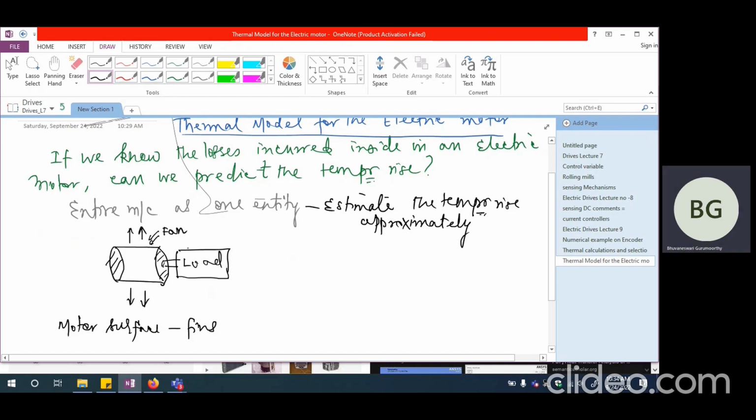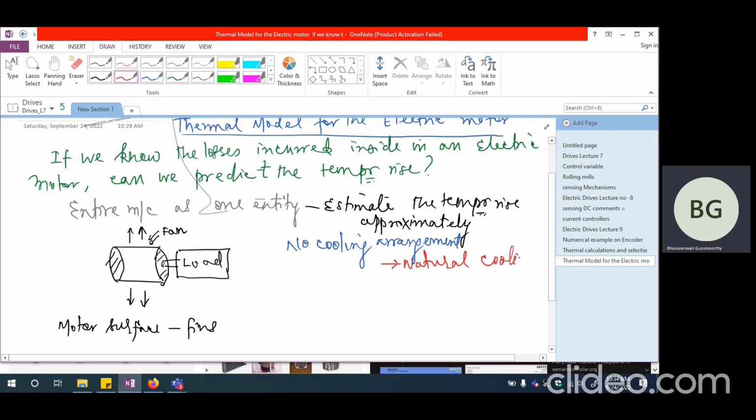Okay, but even this is going to be pretty difficult when you talk about an electric vehicle or something, because this motor will be fixed somewhere underneath, so it may not be able to receive cold air very easily. So we can talk about natural cooling without having any fan. If there is no cooling arrangement, then we have to look at some kind of natural cooling that is taking place in the motor.